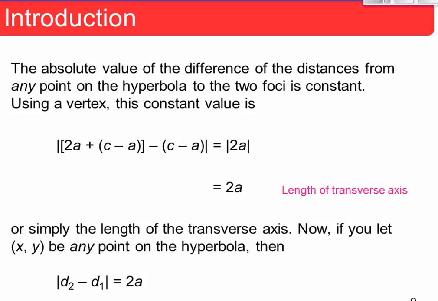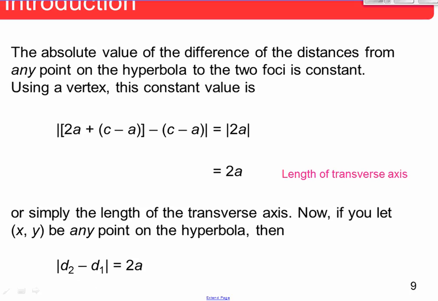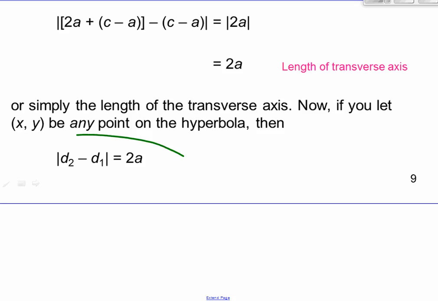So that's something you want to know, and I'll highlight right here that the absolute value of d2 minus d1 is equal to 2a. You might want to have that written down someplace.